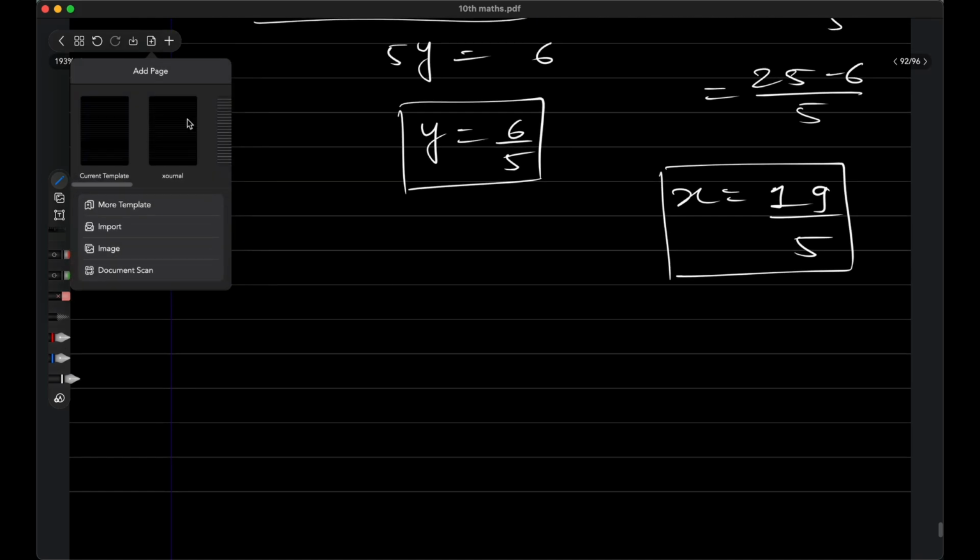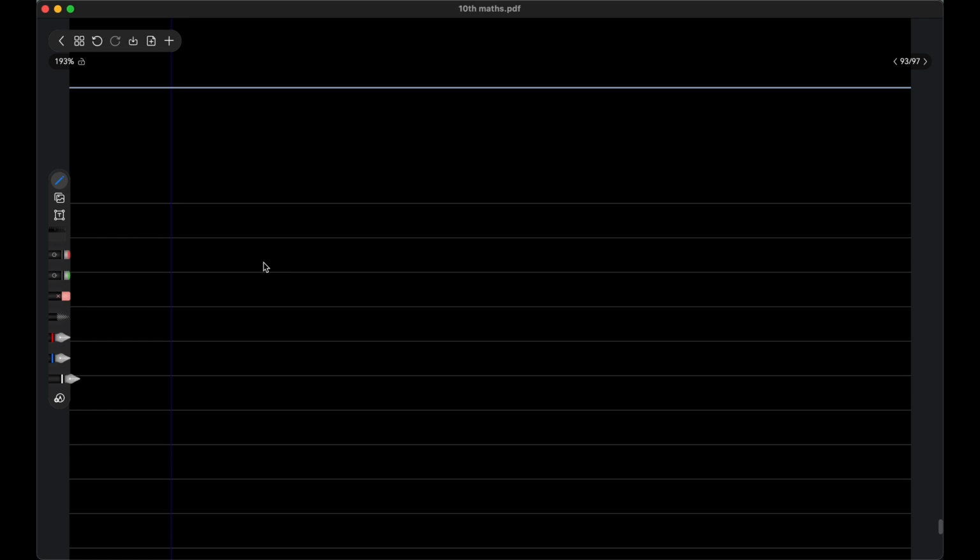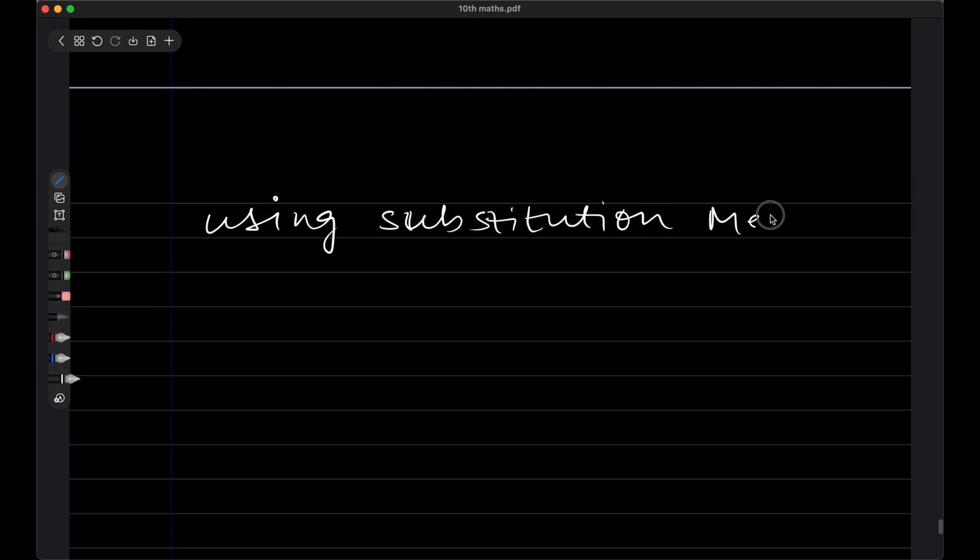Now using the substitution method, the equations are x plus y equals 5 and 2x minus 3y equals 4.